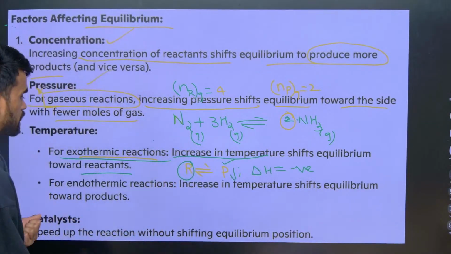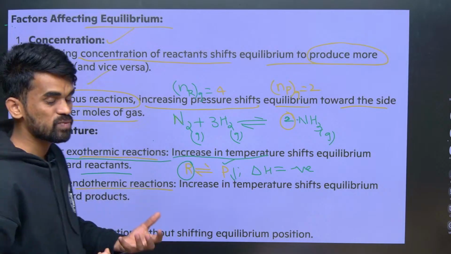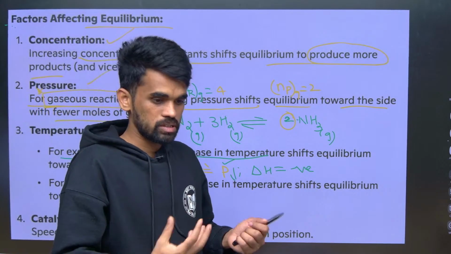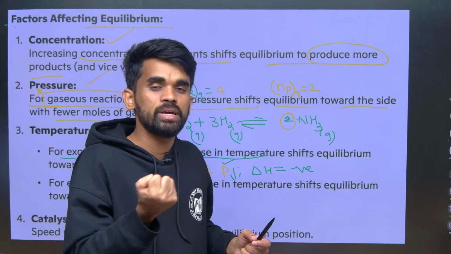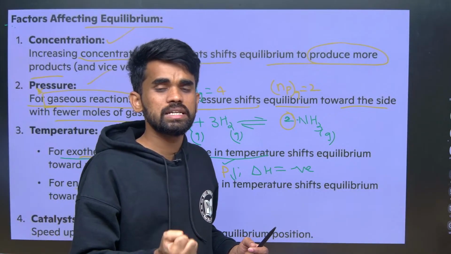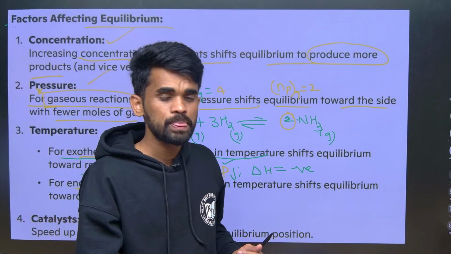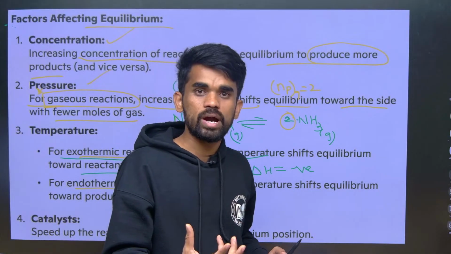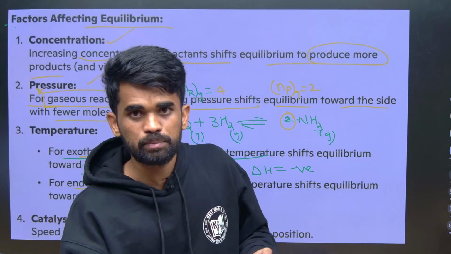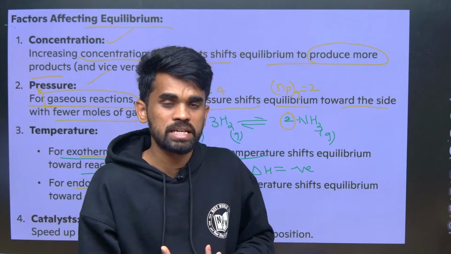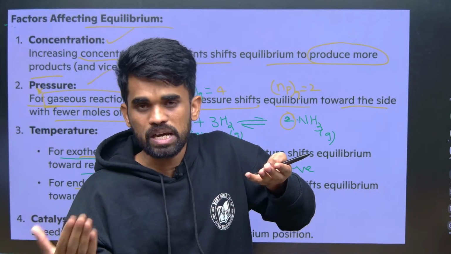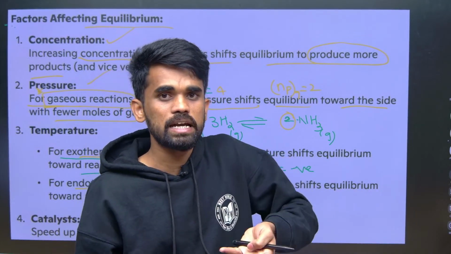For an endothermic reaction, the reaction is favored by high temperature. The reaction is taking place by absorbing heat. Absorbing heat means delta H is positive. In this process the initial temperature and final temperature is increased, right? When we compare the initial and final, the final temperature is rising.